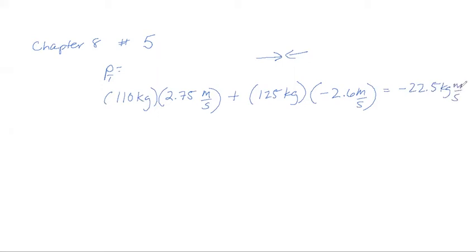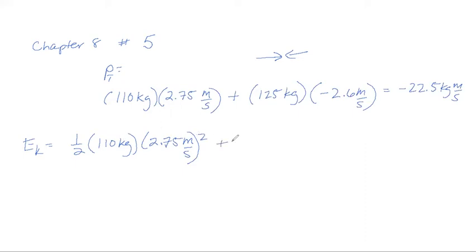And that's that. Now for their kinetic energies. EK total equals 1/2 times 110 kg times 2.75 meters per second quantity squared. That's the first lineman's kinetic energy.